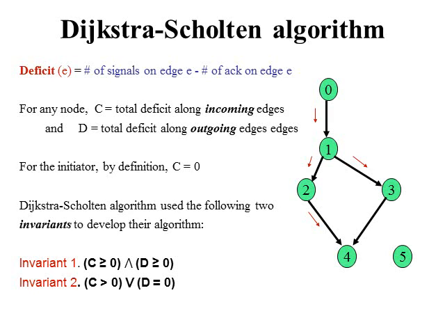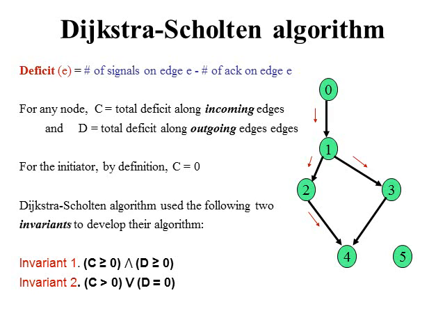Now the Dijkstra-Scholten algorithm uses two invariants to develop the algorithm. If you remember from a long time back, what is an invariant? An invariant is something which is true at all times: before the computation of a program, during the computation of a program, and after the computation of a program.